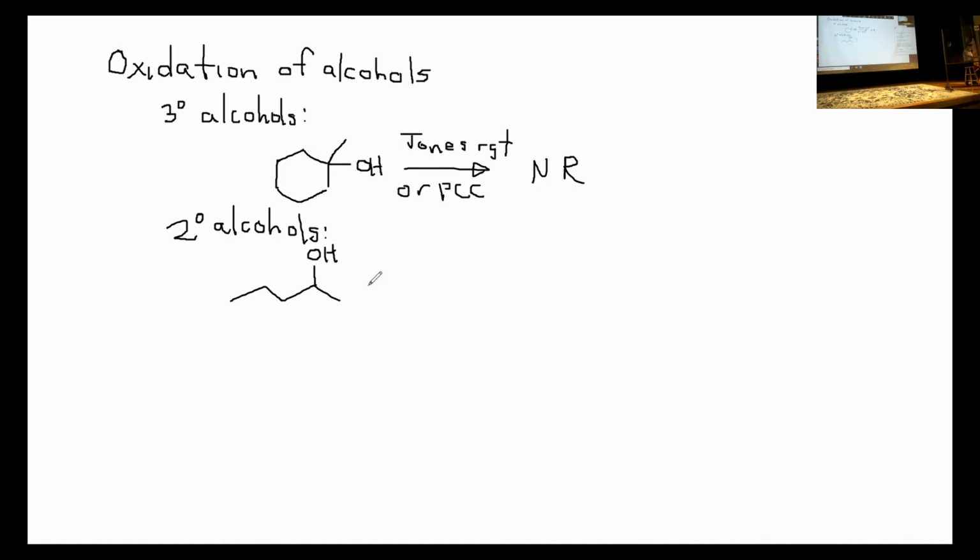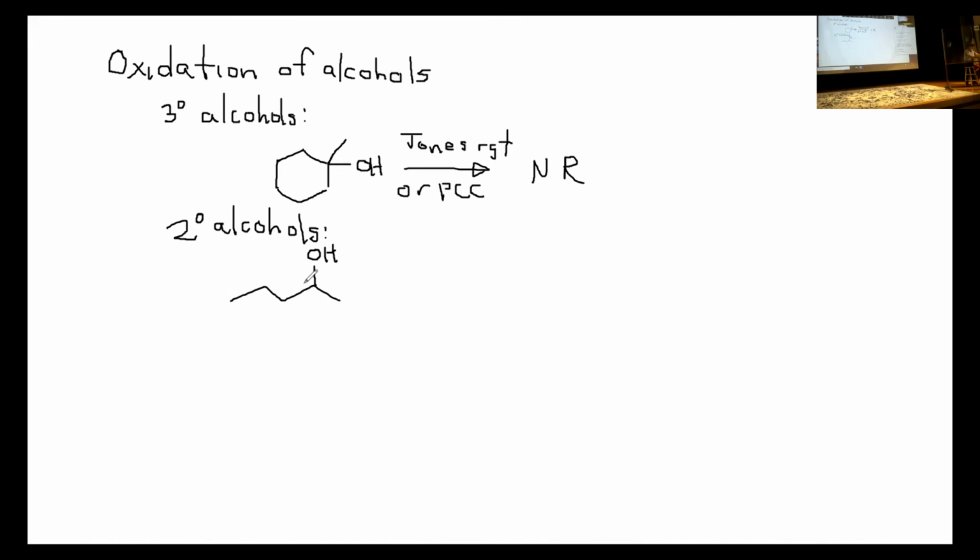The main things I want you to know are that both chromic acid, Jones reagent, and PCC involve chromium in the +6 oxidation state. But Jones reagent, the chromic acid, is the stronger oxidizing agent, and PCC is the milder oxidizing agent. If you have that down, I'm happy. I really don't care if you memorize those structures.